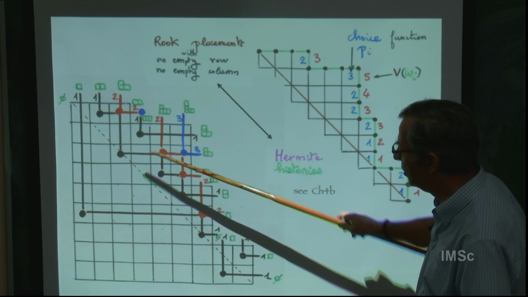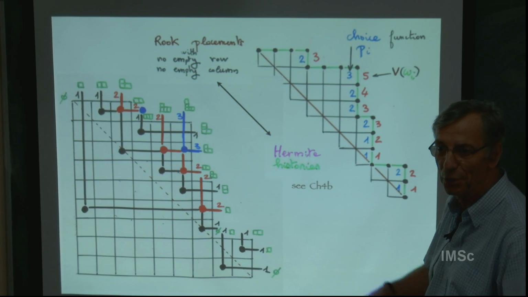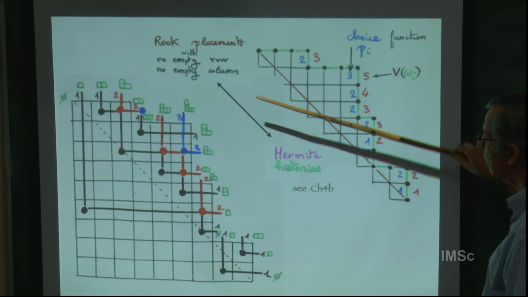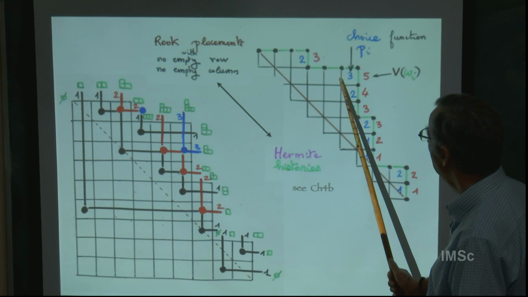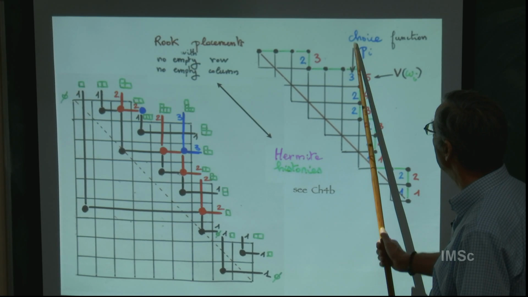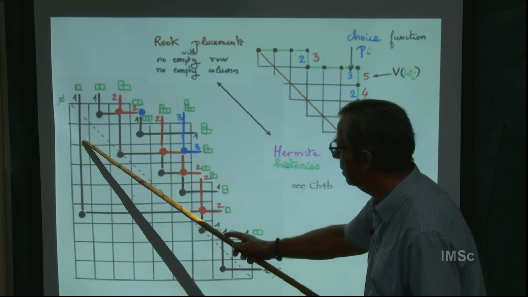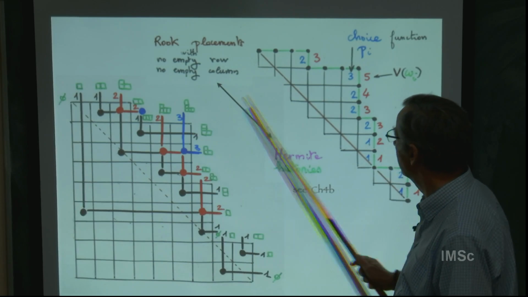I claim that each time you put a black point in a row, the number of possible positions for the next tower is exactly the length of this row, but you stop at the diagonal. So here I have 5 possible choices for the second point, and I choose number 3. See, this was the first position, second position, position number 3. 3, 4, 5. So I took 3.